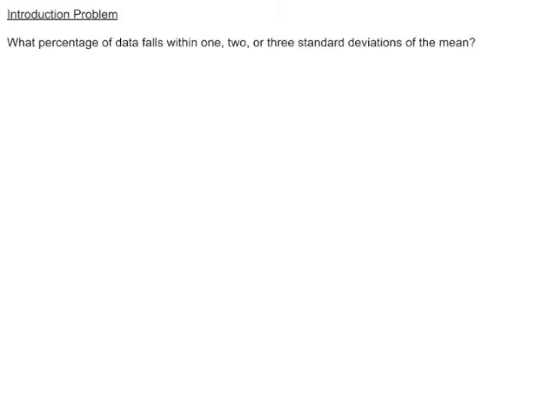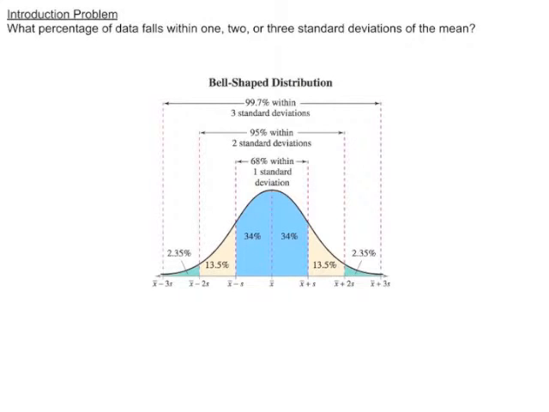So think back to the last section where we looked at the percentage of data that falls within 1, 2, or 3 standard deviations of the mean. So think about what that percentage is. All right, we looked at this chart in the last section, and this chart showed us the empirical rule, where we have 68% of the data falling within 1 standard deviation of the mean.